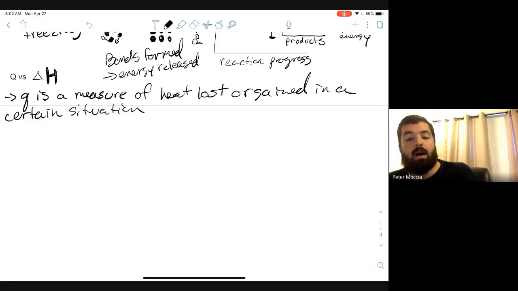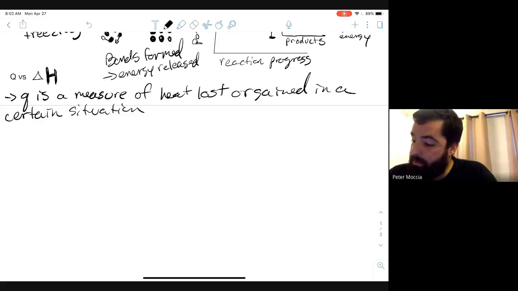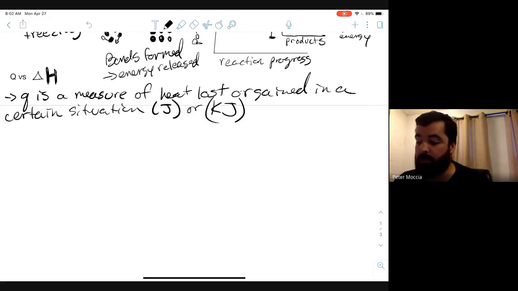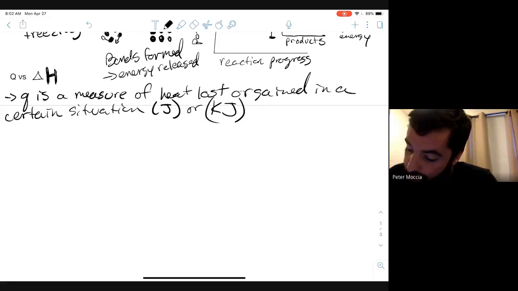Okay. So we measure Q in joules, and oftentimes, if Q is really large, we measure it in kilojoules.